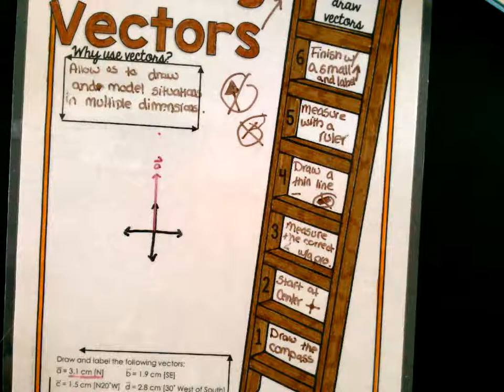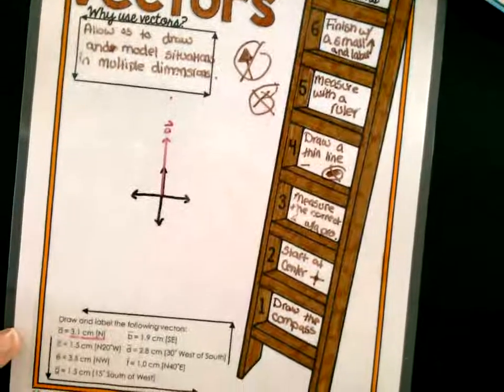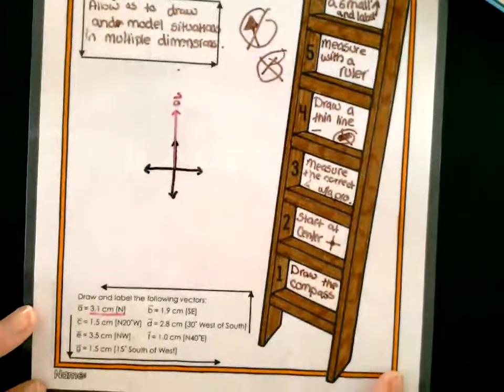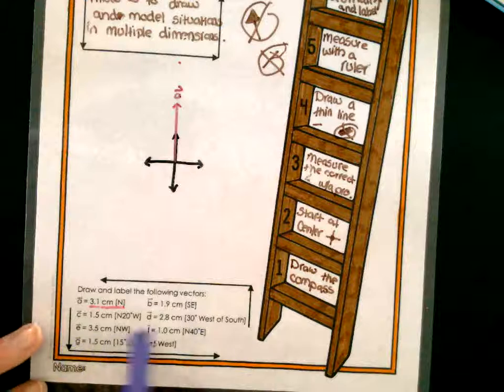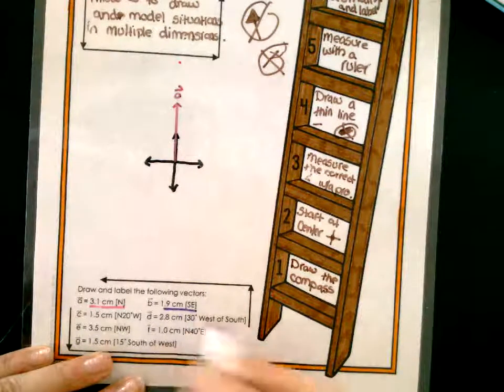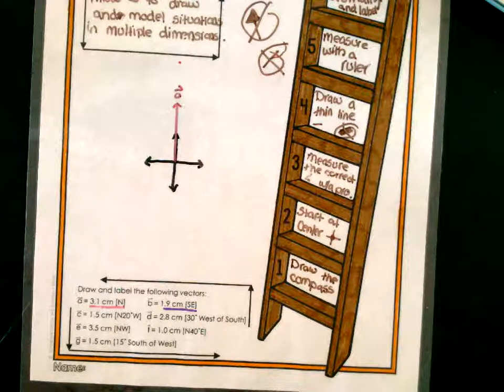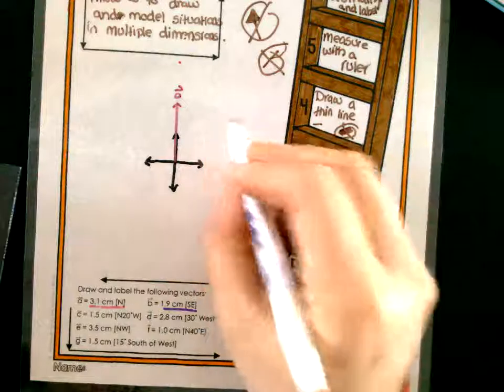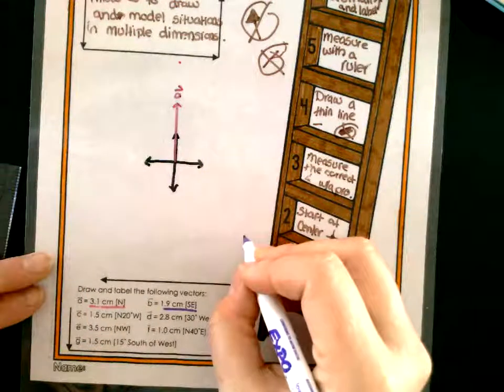All right, I'm going to grab another color and I'm going to do one more with you. And then I'm going to let you do the rest on your own. And I will put the answers up. All right, so B is 1.9 centimeters southeast. So southeast, never eat stale wheat.